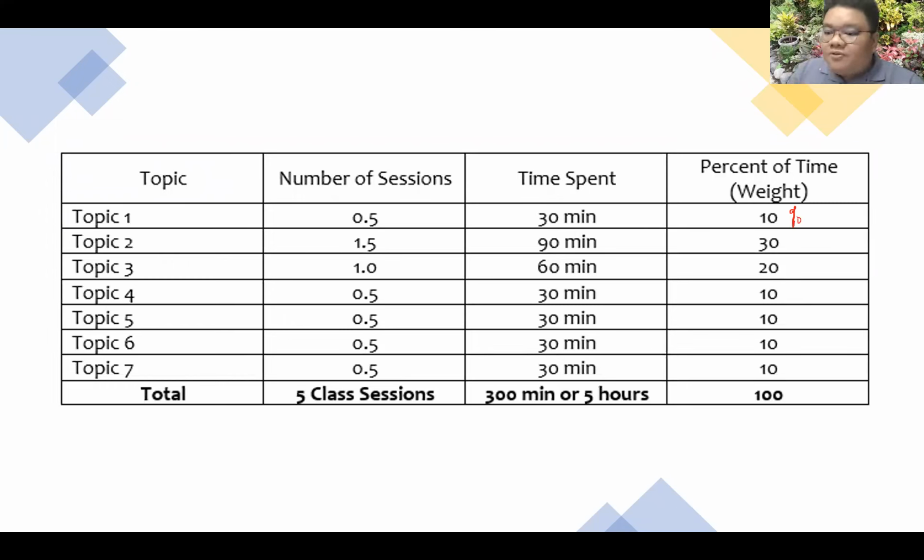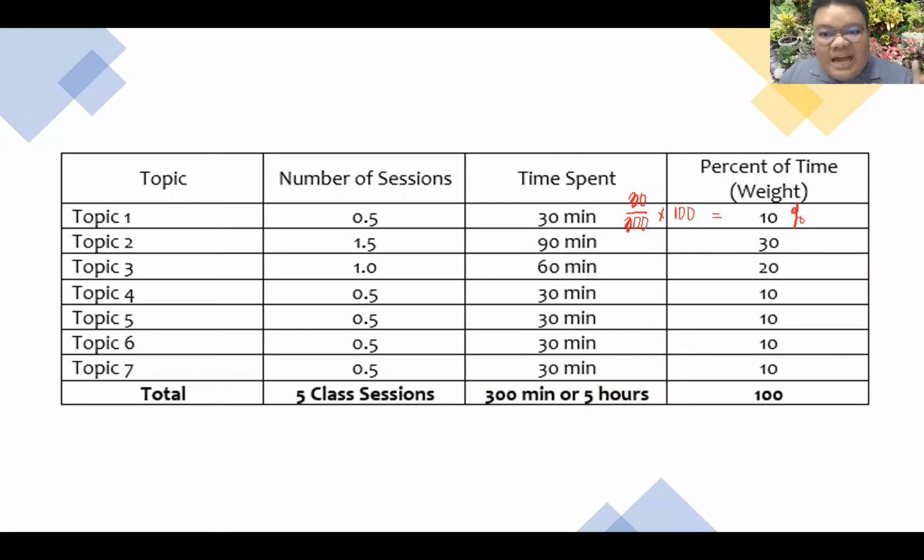If you can pick up your phones with a calculator, it's simply 30, because 30 minutes yung na-spend dito, divided by the total, which is 300 minutes, times 100. Uulitin ko ha, it's 30 over total, which is 300, times 100. That is why you have your 10%.